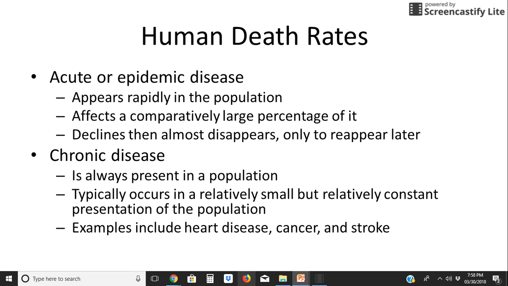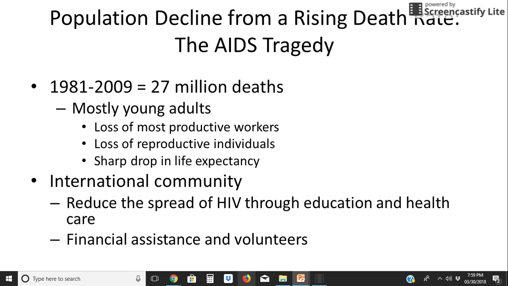It affects a huge percentage of the population, and then it can disappear or possibly reappear later. Whereas a chronic disease is always present, and it typically occurs in relatively small amounts, but is constant. And so this can be things like heart disease and cancer.